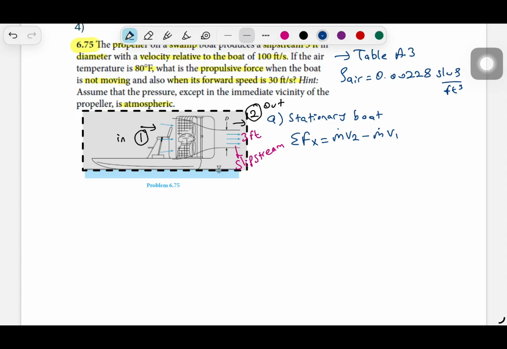And here, since the boat is not moving, we don't have anything entering this control volume, so the velocity term will be 0. So Fx will be equal to m dot v2, which is out.